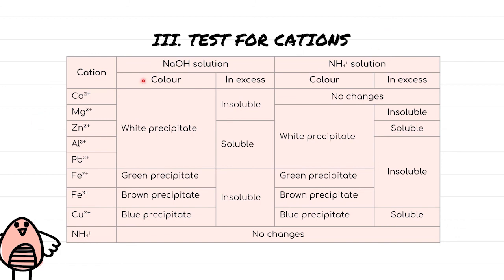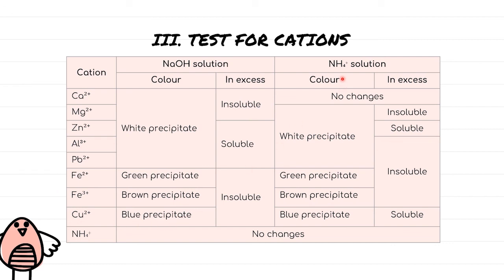In sodium hydroxide solution, calcium, magnesium, zinc, aluminium, and lead have a white precipitate, ferrum 2+ has a green precipitate, ferrum 3+ has a brown precipitate, and cuprum 2+ has a blue precipitate.